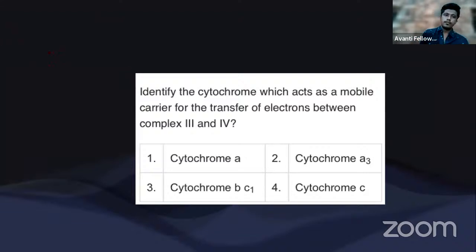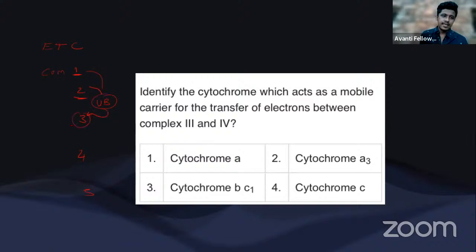If you look at this question, it's from the electron transport chain. And we know that the electron transport chain had complex 1, 2, 3, 4, and 5. Complex 1 and complex 2 donated their electrons to something called ubiquinone. And ubiquinone donated its electrons to complex 3.